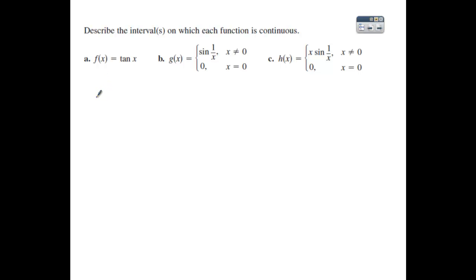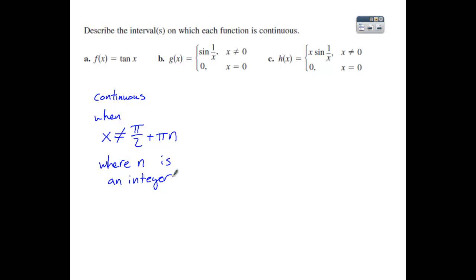So tangent of x is continuous when x does not equal pi over 2 plus pi n, where n is an integer. Okay. So this is continuous. Tangent of x is continuous when x does not equal pi over 2 plus pi n, where n is an integer.